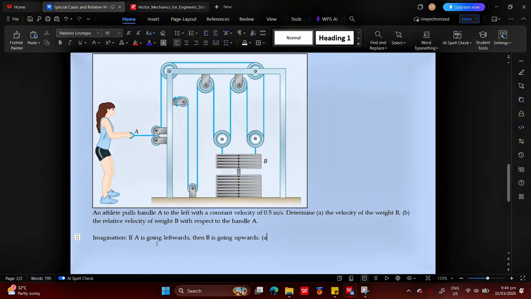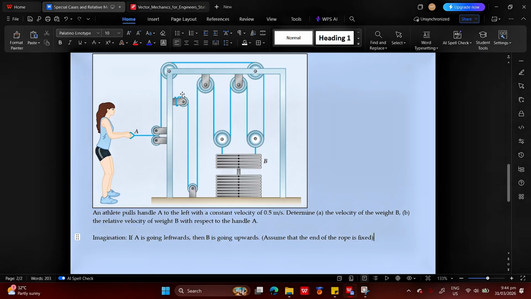But assume that the end of the rope is fixed. I mean that this one here is not increasing in length, because this gym equipment will be useless if the weight B is going upward.